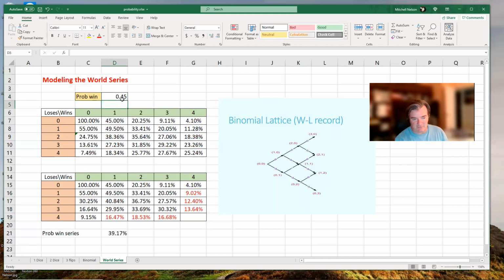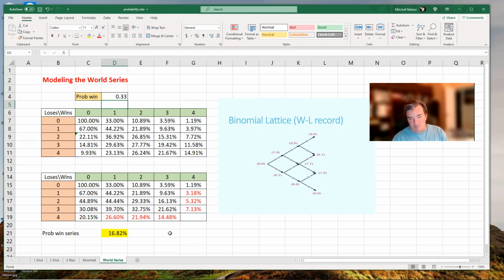And that's even less than 45%. Let me just highlight that. It's 39.5%. If your team only wins 33% of the time when they play a game, then you have like a 16% chance of winning the series.